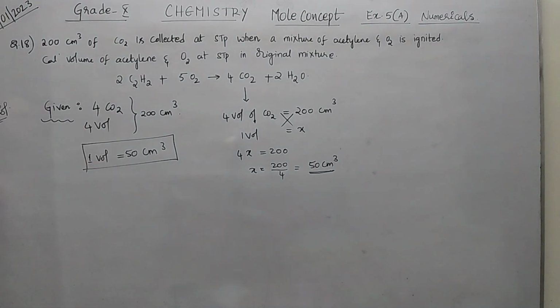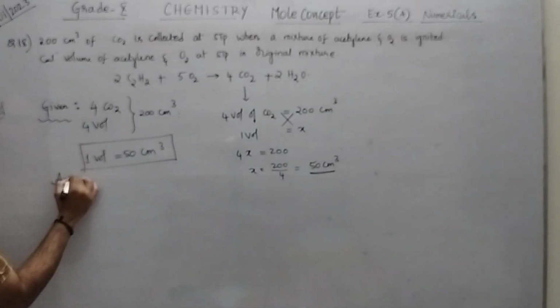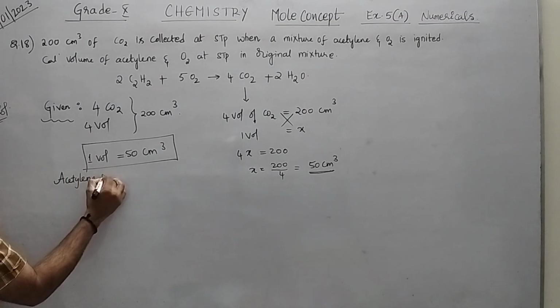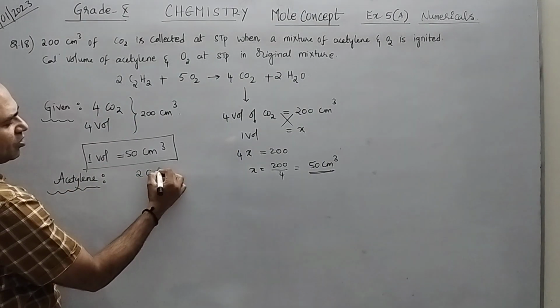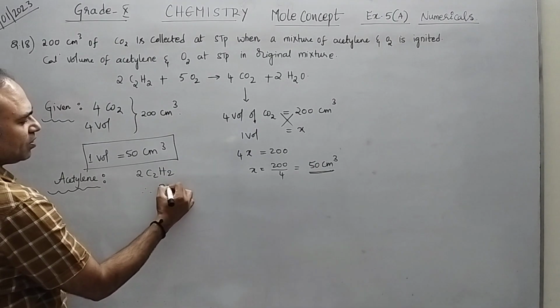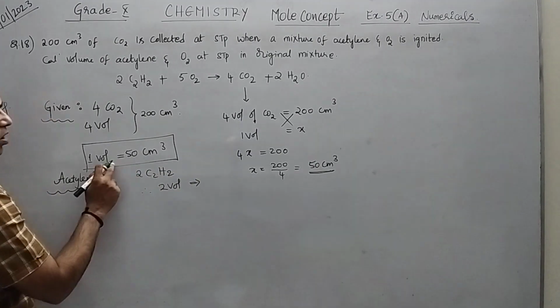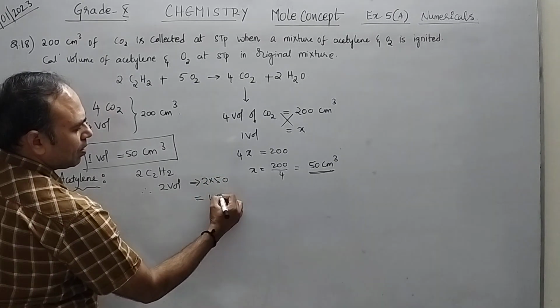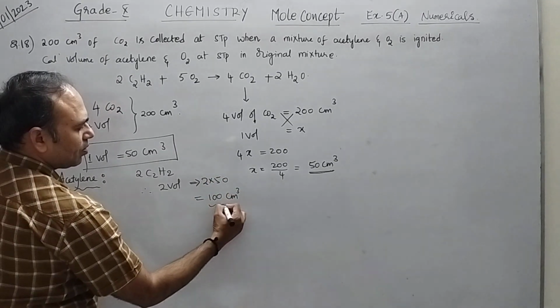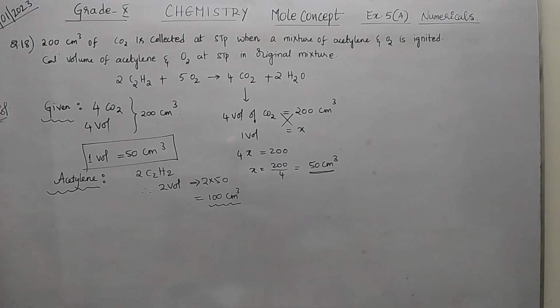Now for acetylene, what will be your volume? You know that they have mentioned it as 2C2H2, therefore it is 2 volume. One volume is 50, 2 volume is equal to 2 into 50, nothing but 100 centimeter cube. So for acetylene we got 100 centimeter cube.